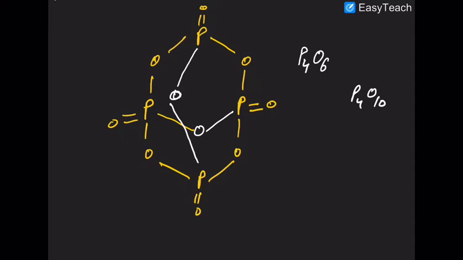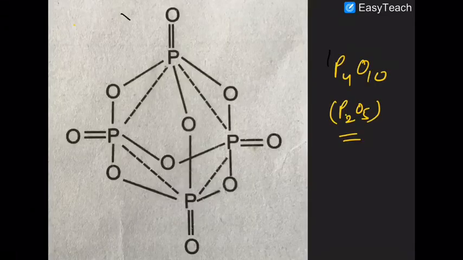So I am repeating once more: these are the 4 extra oxygen atoms with double bond. One is a sigma bond, the other is a p pi d pi bond. So you can easily see the structure of phosphorus pentoxide.